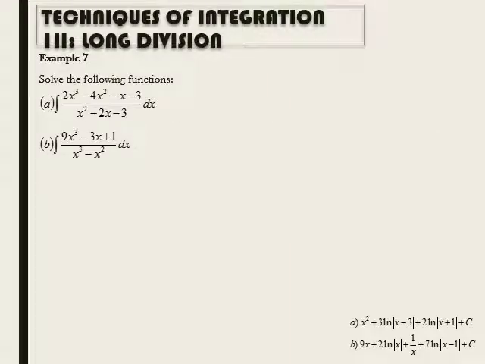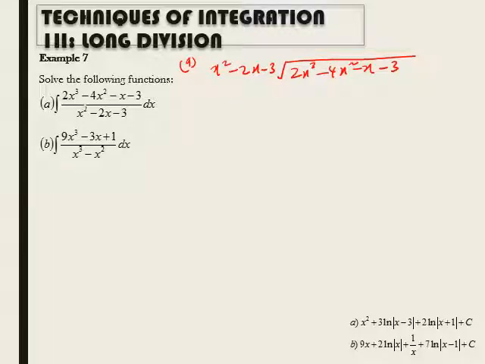Okay, now for this partial fraction we need to perform long division. Okay, so this example. Now we perform long division. The quotient is 2x minus 3, dividing 2x to the power 3 minus 4x squared minus x minus 3.